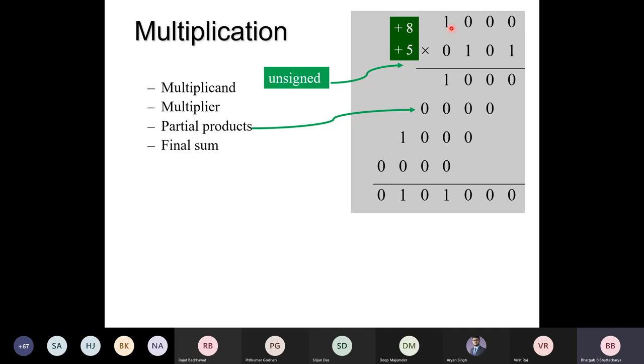So if you consider the unsigned number, this represents what? Plus 8, right? And this represents plus 5. I mean, unsigned, everything is positive, just the absolute value. So this is 8 and this is 5, and what about this? Is this 40?